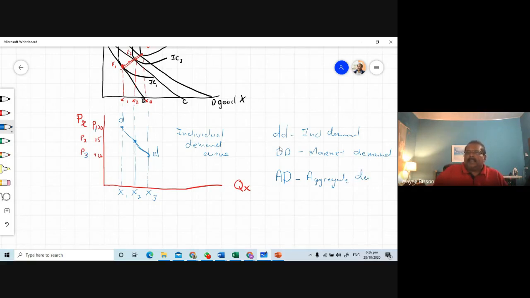That is adding the demand up for all goods and services in a country. So we add everything together. These notations are what you want to pay attention to when you're looking at a graph. So this is how we used individual indifference curves analysis to derive an individual demand curve.